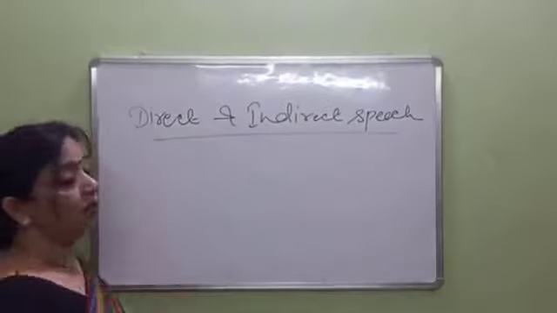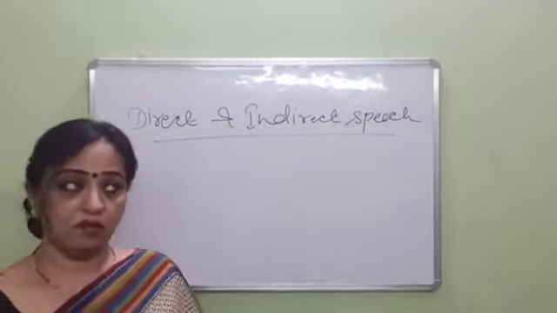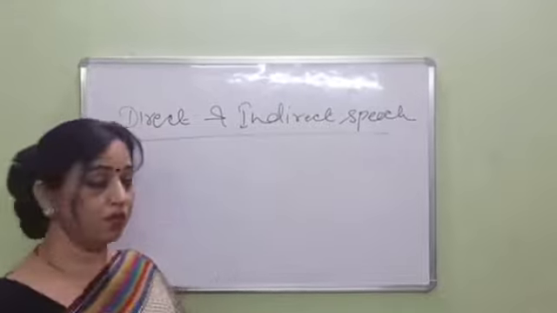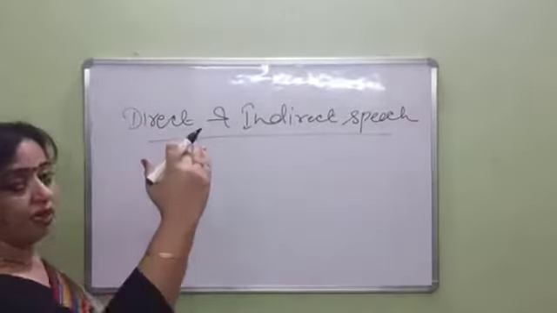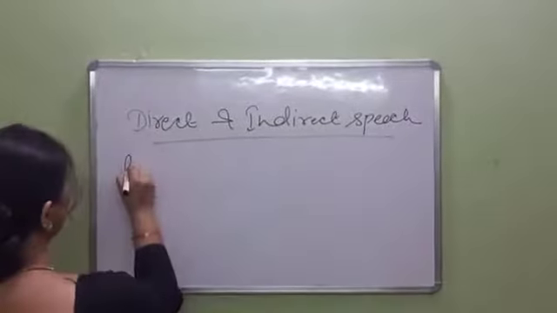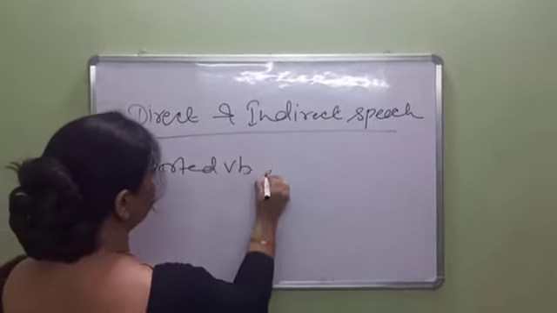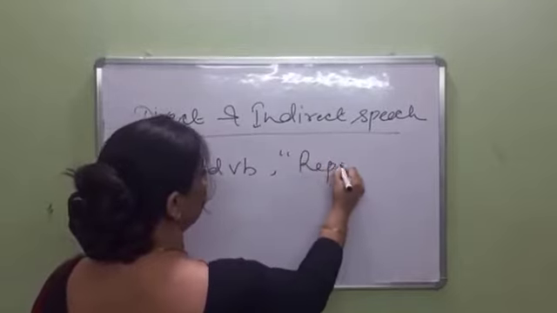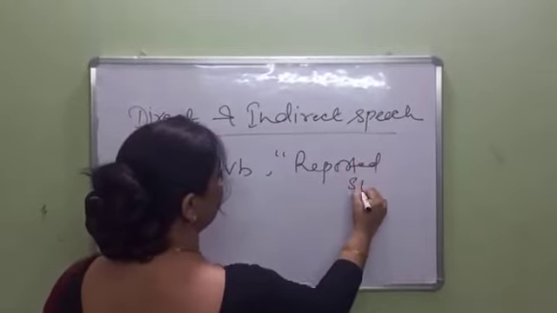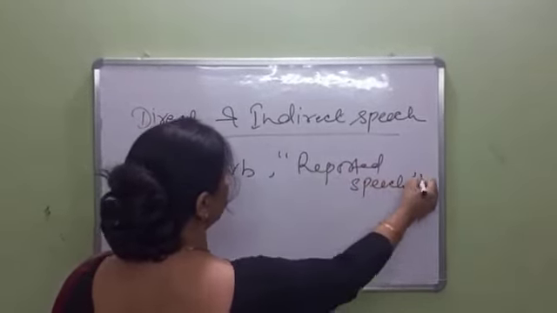Now, what are the basic rules when you are doing direct and indirect speech? First thing, reported speech is divided into two parts. The most important thing to remember is the reported verb and the reported speech.